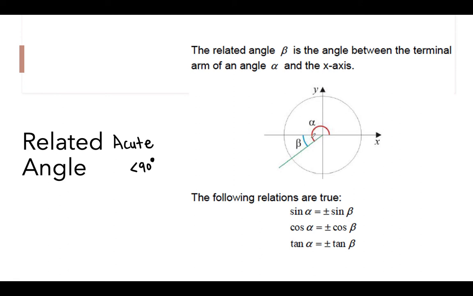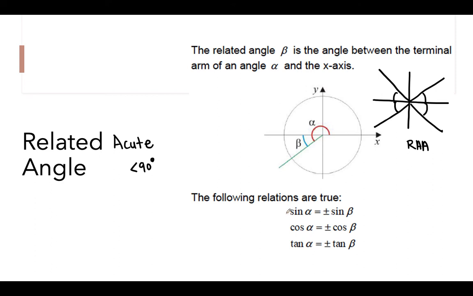In simple terms, the related angle is always useful when you're looking for the ratio, but the location is always in reference to the terminal arm to the x-axis. So this is related acute. Terminal arm to x-axis, that is related acute. Terminal arm to x-axis, this is related. And lastly, this is related acute. You can represent it as capital RAA, which represents related acute angle.